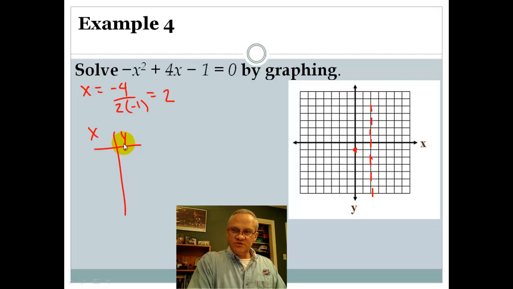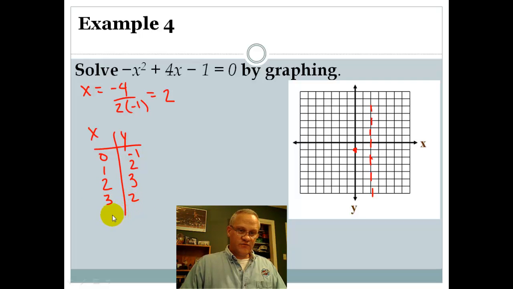And remember 2 is the vertex, and so the x coordinate for the vertex is 2. And so the point there, in the middle here, is 2, 3. And then I've got a point of 1, 2, 0, negative 1. And then I've got 3, 2, and 4, negative 1 as some points here.